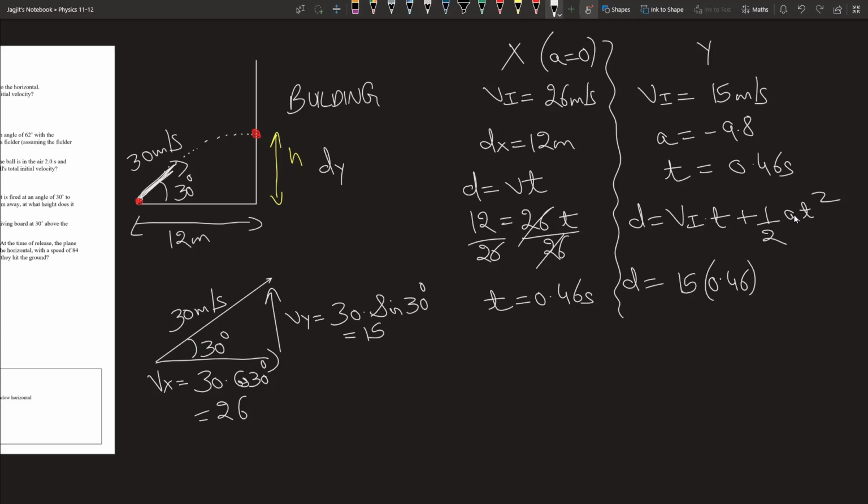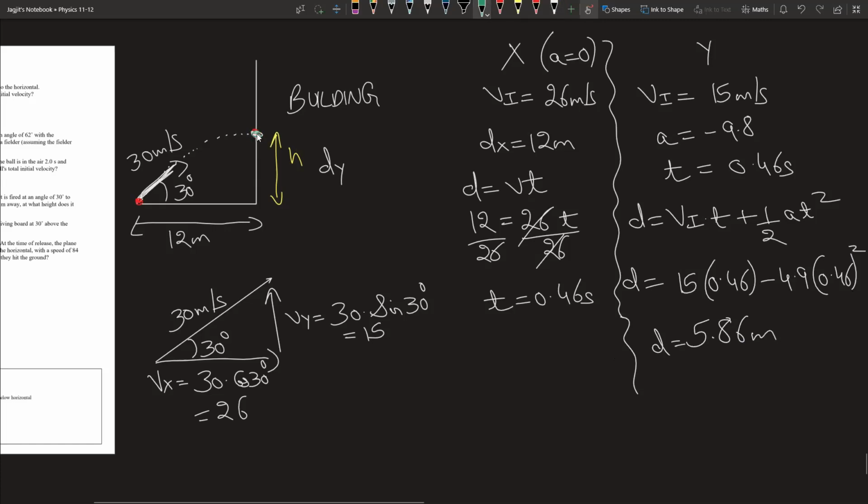A is negative 9.8 divided by 2 will give you negative 4.9, and t is 0.46, and we're going to square that. As long as you put brackets properly, you should get the right answer. So 15 times 0.46 minus 4.9 times 0.46 squared. That gives me 5.86 roughly. That's your height. That's the height at which it hits the building.